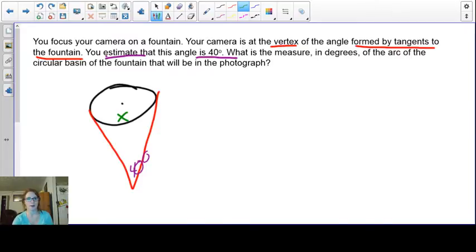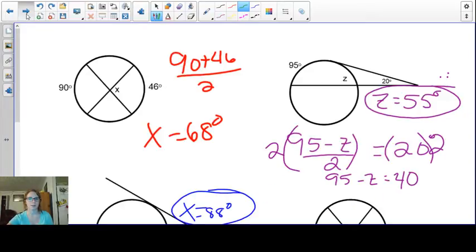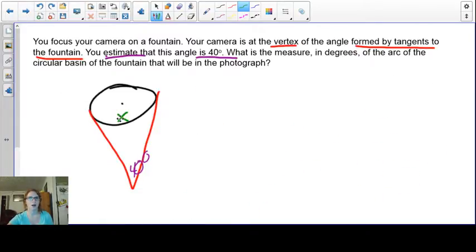Because if I look back at my original theorem, it tells me I need the big piece minus the little piece and divide that by 2. Well, I know the little piece, don't I? So let's pretend for a moment that I told you that this was 20 degrees.